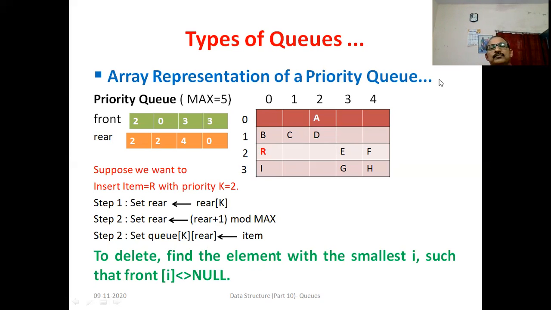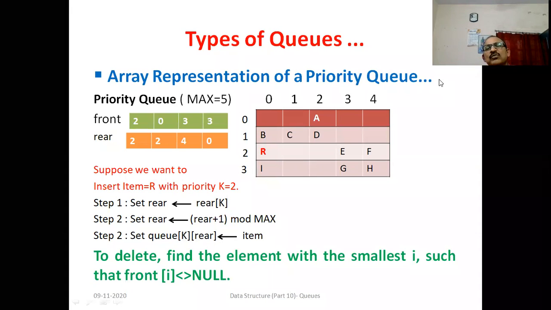Before we see the operations, in the 2-dimensional array you can see the 0th row contains the item A at location 0, 2. So how will you get the front and rear pointer values of Q0? For this purpose, you simply go to the front array and the rear array.